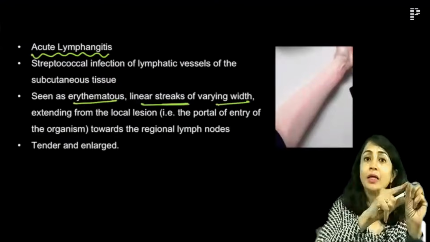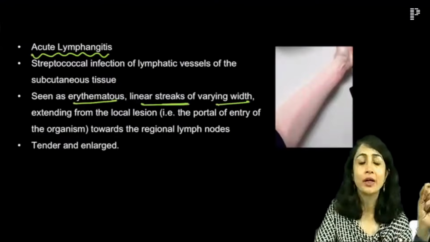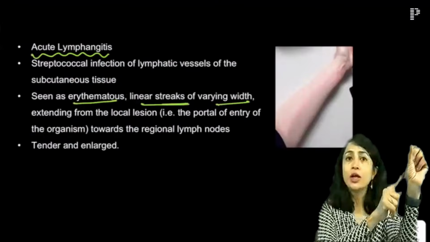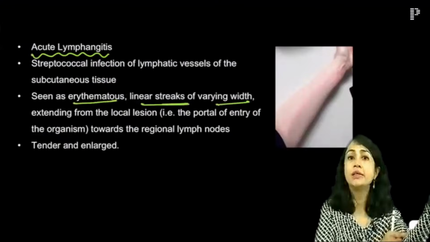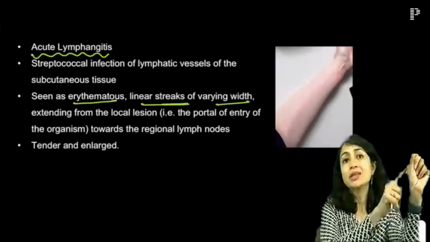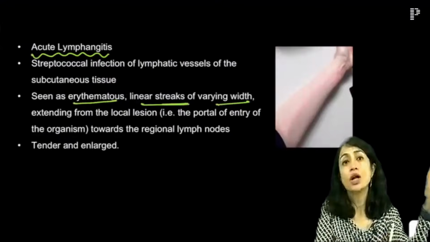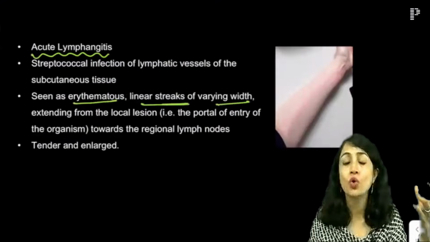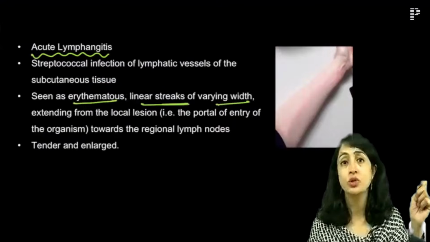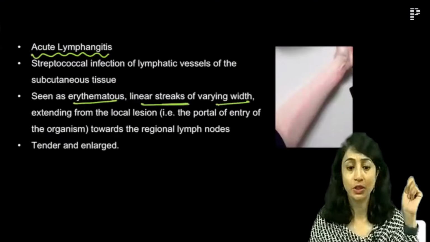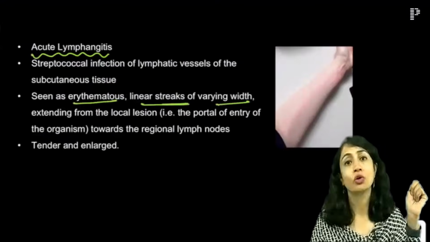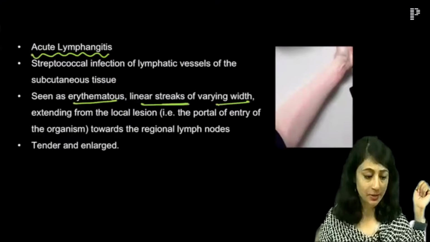From that, my infection spreads to the lymphatic. So I will have a focus of infection here, and from there the infection goes linearly into the lymphatic gland. Starting from the origin of the lesion, there is a linear erythematous tract that is warm and tender. So this is acute lymphangitis, and this was a question once asked in the NEET PG exam. It would again require oral antibiotics.